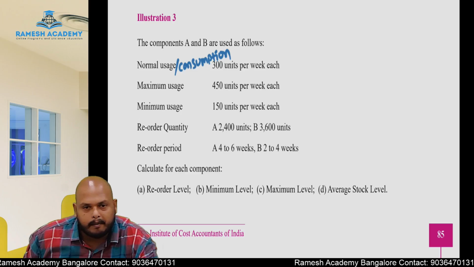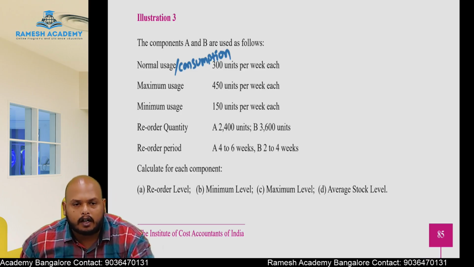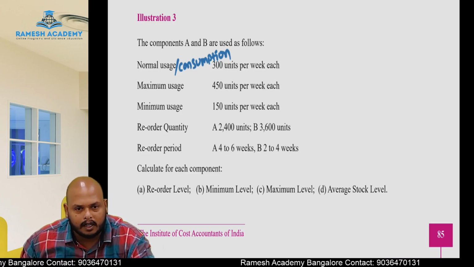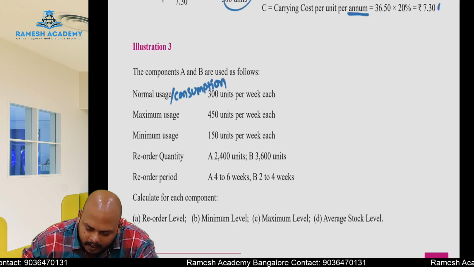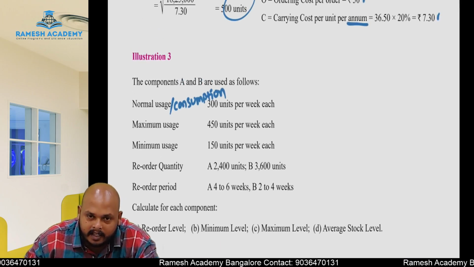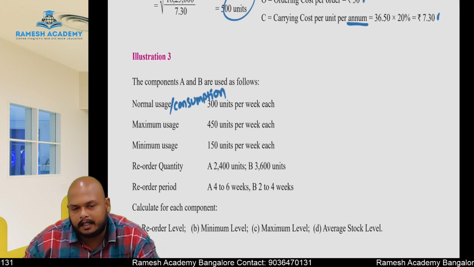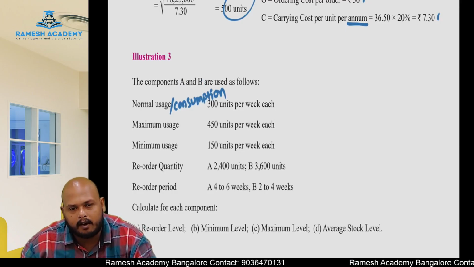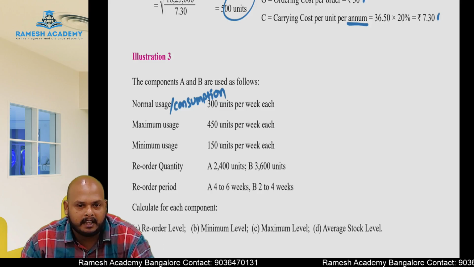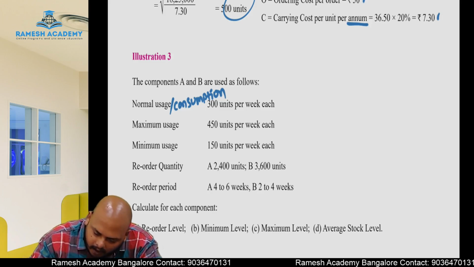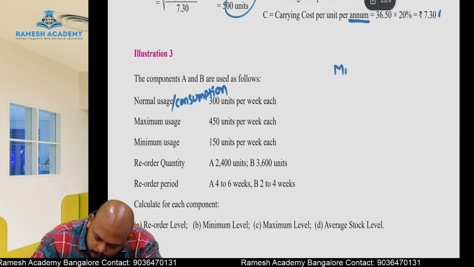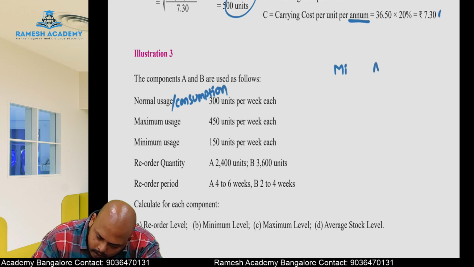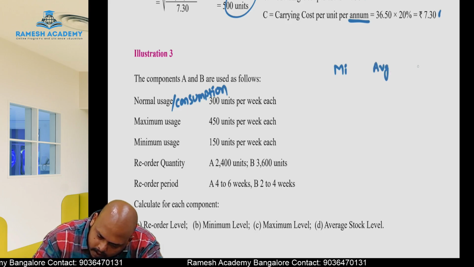So always remember, Nana, while solving stock level questions, first you have to arrange the data. You have to arrange the data in table form. If you arrange the data in table form, applying the formulas is a very easy thing. See here how I am arranging the data. First minimum, next average, next maximum.